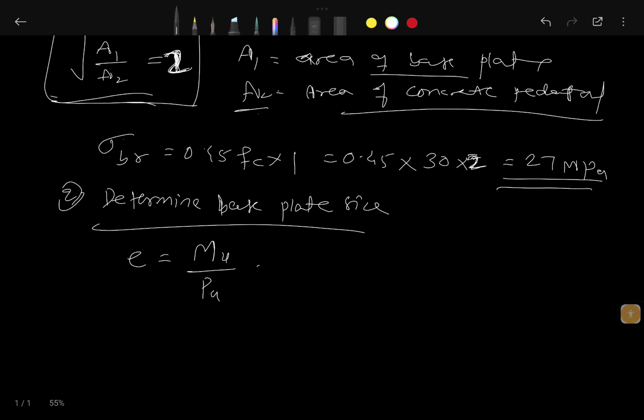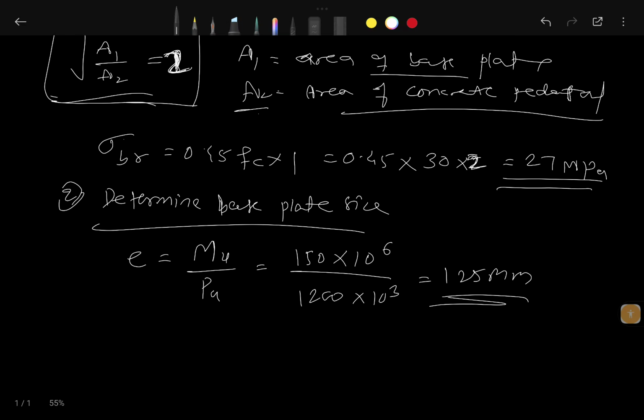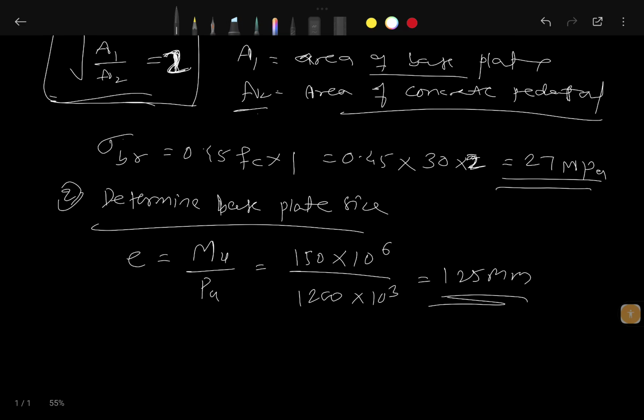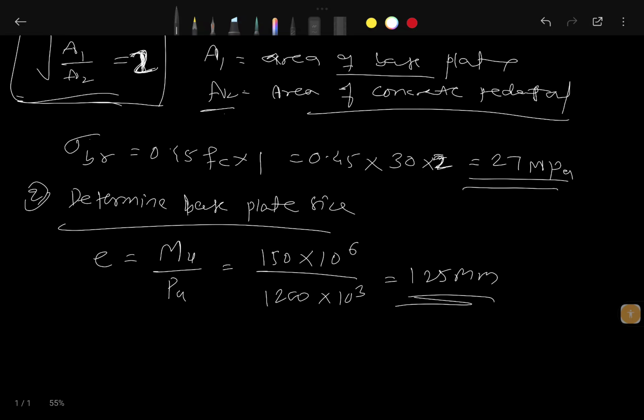Here Mu we have given 150 into 10 to the power 6 and Pu is 1200 into 10 to the power 3. Then we get 125 as eccentricity of load. Since this 125 is less than N by 6.